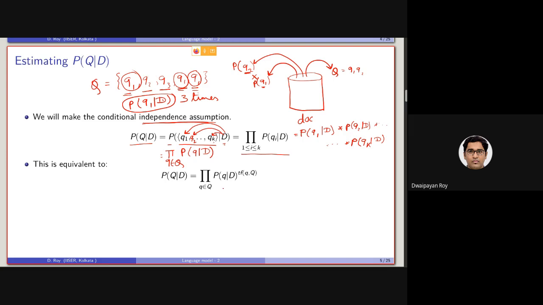So this we can write using this formula, where there is repetition of query terms in the query.